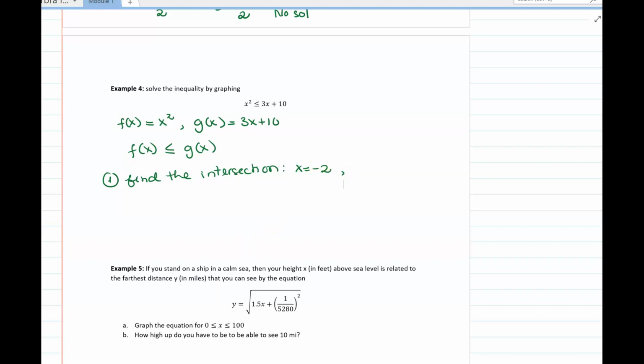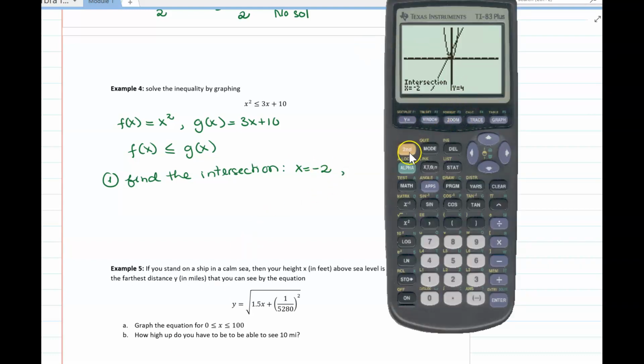And let's take a look at the next intersection. Okay. Let's trace over to the other part of the curve, and let's move that up. And then we get the other intersection, that is x equals 5.